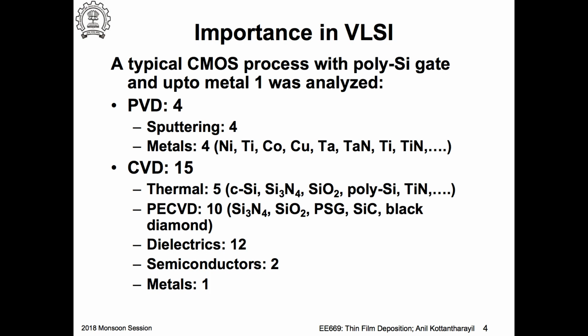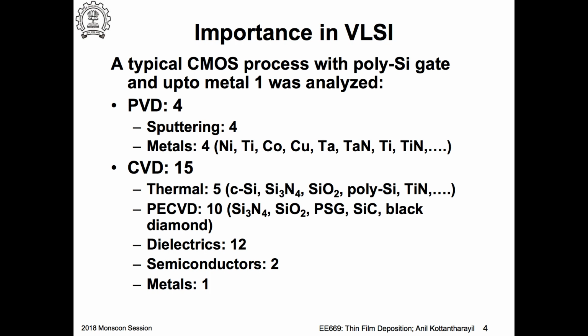It was a long time ago; I left that place in 2006. So we are looking at a process where you make the transistor and deposit one level of metal. As I mentioned, and we have seen before, a VLSI chip can have 9, 10, 12 levels of metallization.